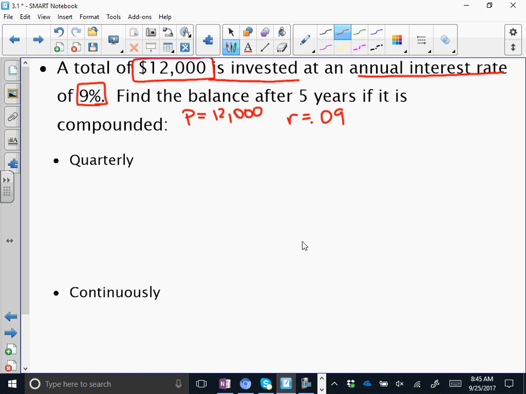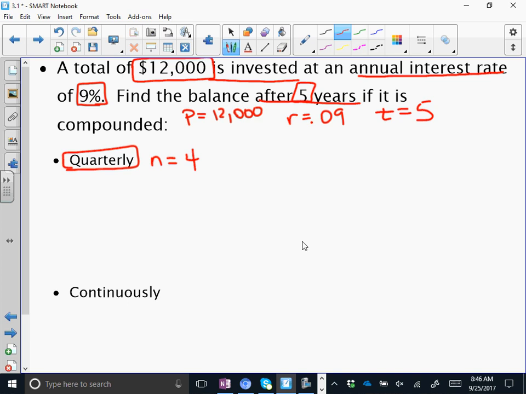Find the balance after 5 years. What does that mean? Time is 5. Now, since we're being compounded quarterly, that means N is going to be 4. All right?